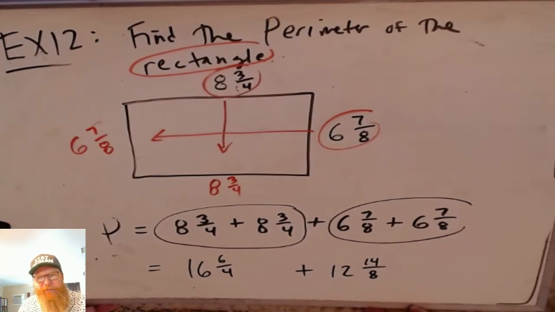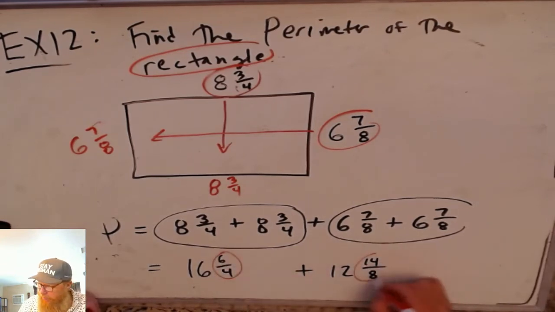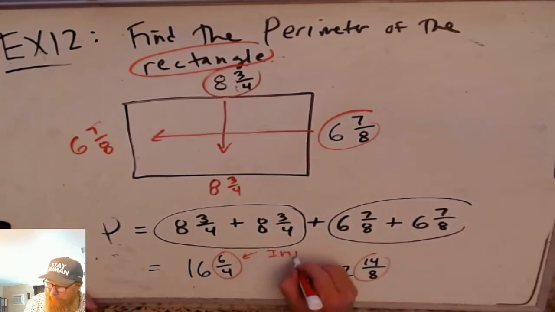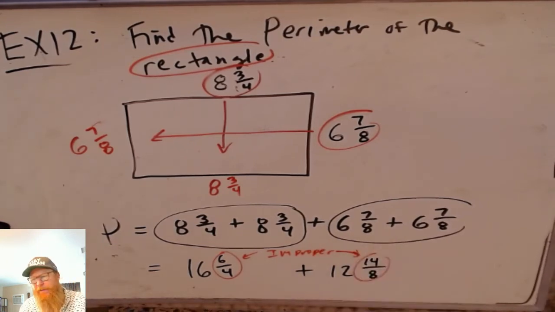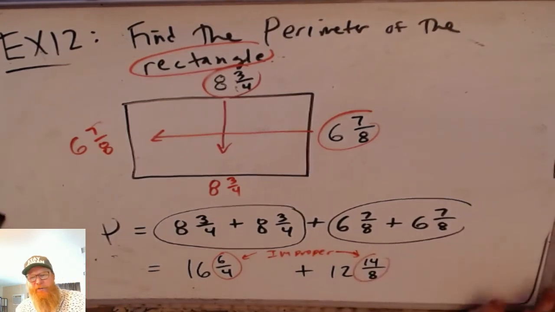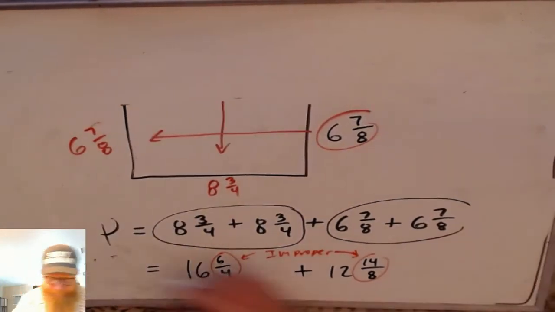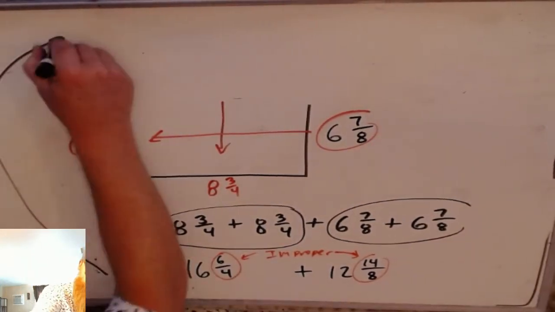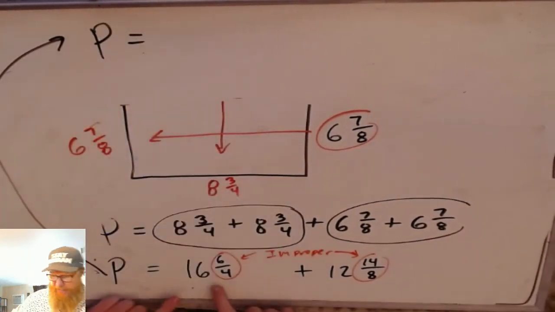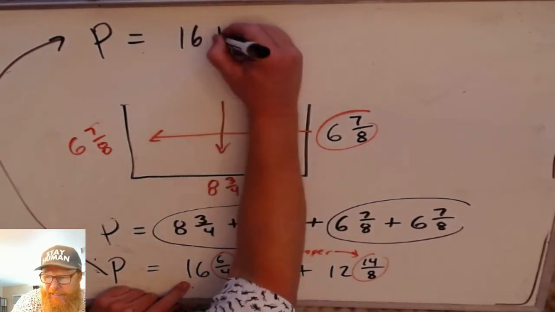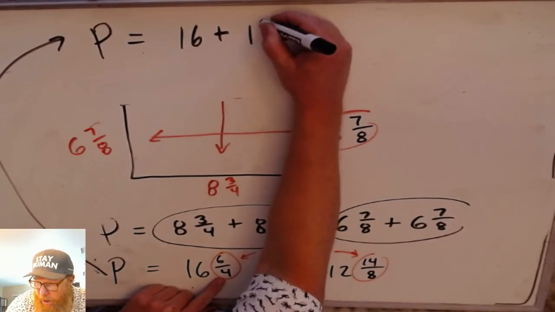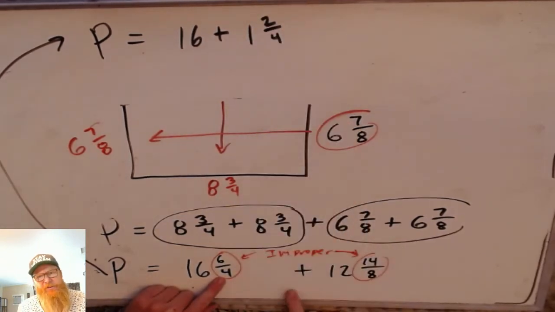Now I need to be careful here. 6/4 and 14/8 are improper. So we need to divide them out. So 16 6/4, that's 16 plus 1 2/4.